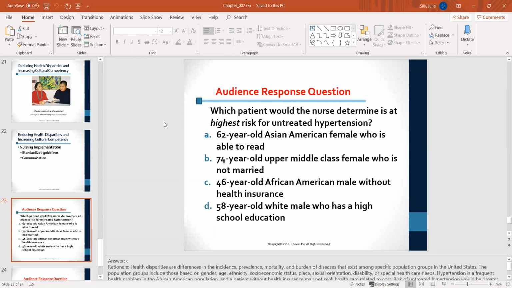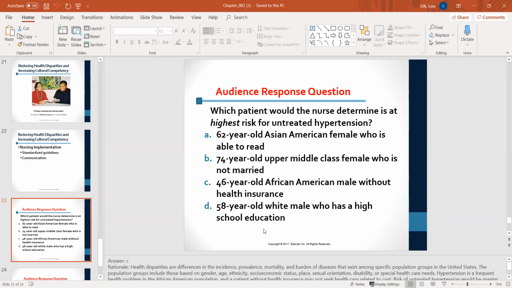So we already know that there's a health disparity among different cultural groups, right? So when we're looking at this, we can look at the different cultural groups in each option here. So Asian American, upper middle class female, African American male without health insurance, and then white male who has a high school education.